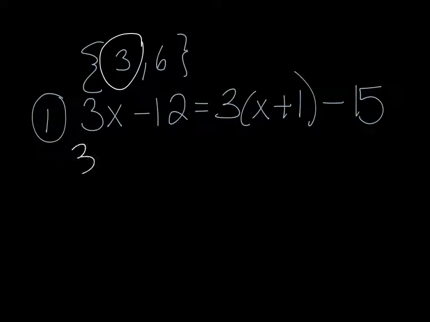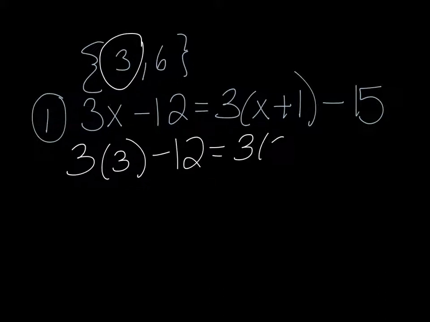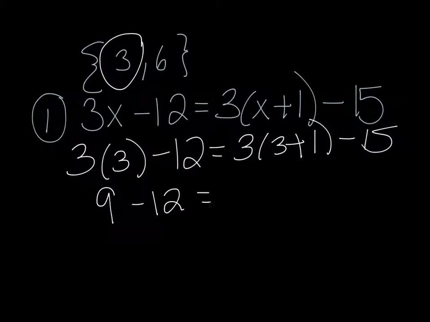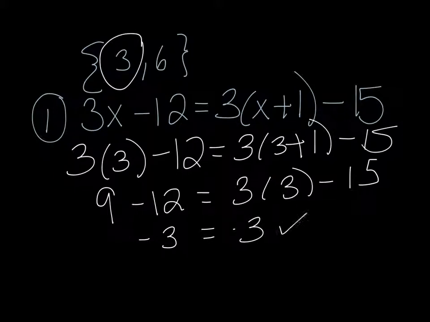So let's do 3 times 3 minus 12 should equal 3 times 3 plus 1 minus 15. When we plug that in, we get 9 minus 12 equals 3 times 3 minus 15. So now we get negative 3 equals negative 3. Well, this works. Let's try it with 6.